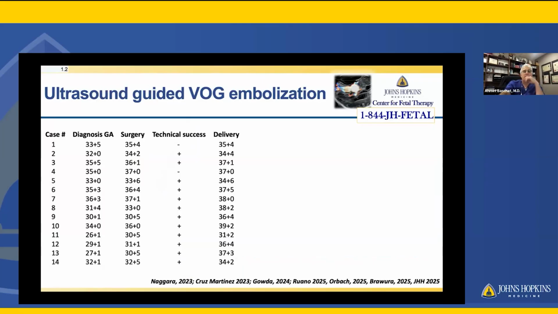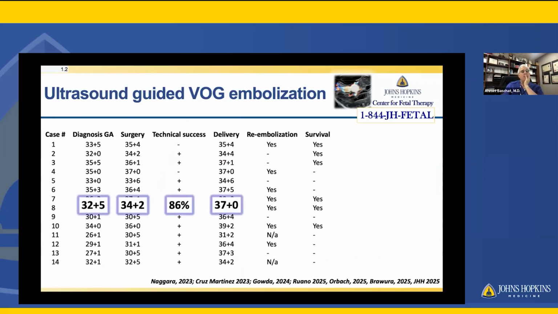Now, this is a summary of all the cases that are reported, including the one that we have done at our center. So overall, the gestational age of surgery is actually relatively late, and that's important to consider. It's about 34 weeks. Some cases have been done earlier, but they happen in cases where the diagnosis was done at 26 weeks.